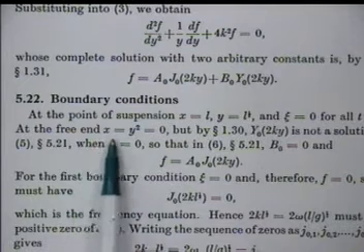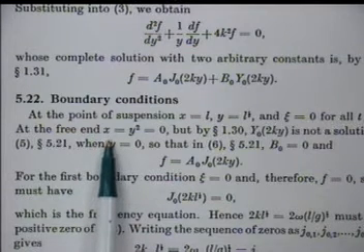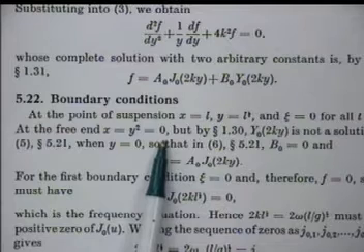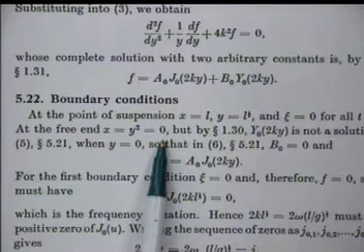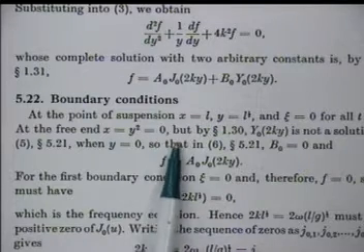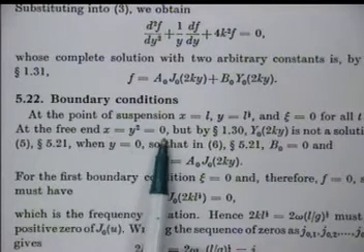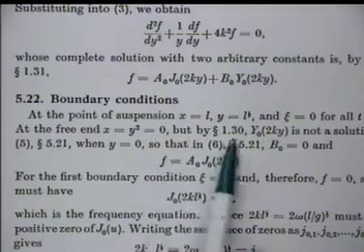Okay. At the free end, where x equals 0, down at the bottom, this is where we said y squared equals 0.